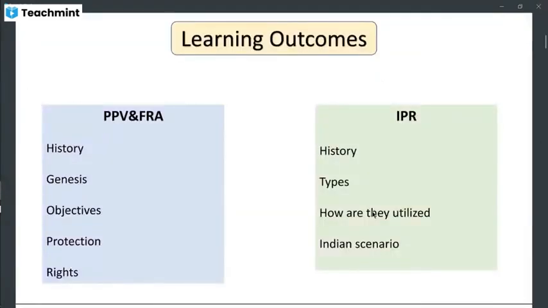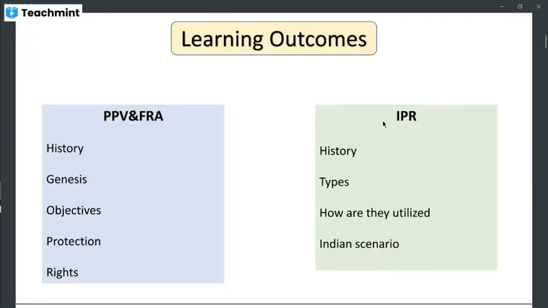In these lectures, in case of PPV, FRA, that is your Protection of Plant Varieties and Farmer Rights Act, you will be able to know how PPVFR was established and what its history is. Then you will know what the objectives of this authority are, and what it offers.